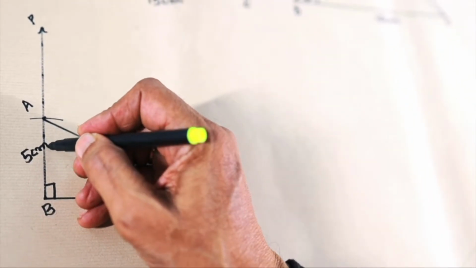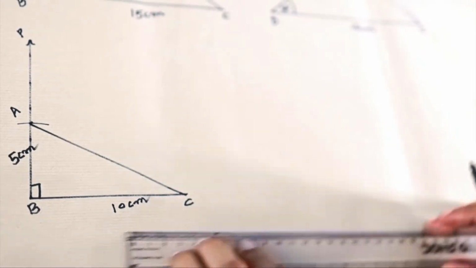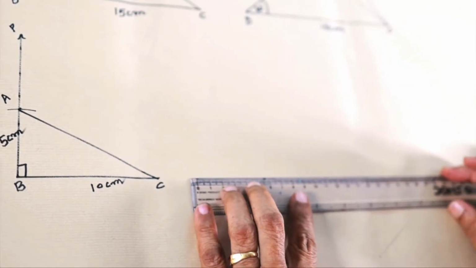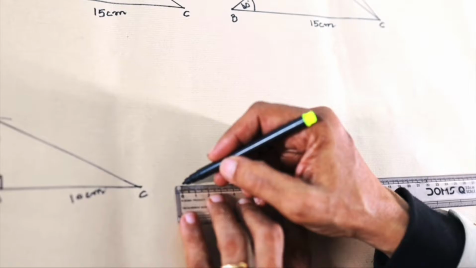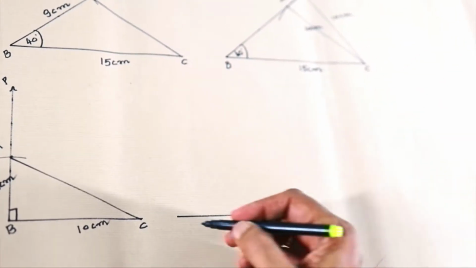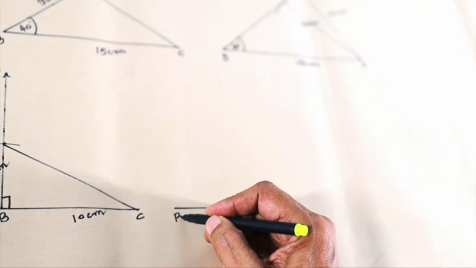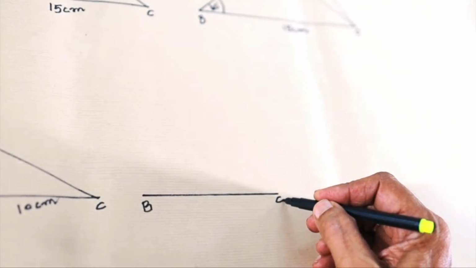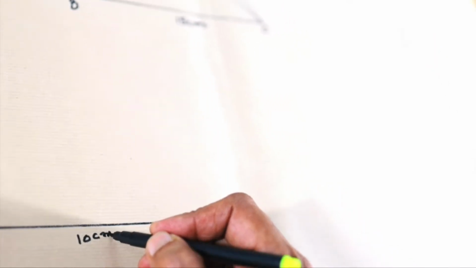5 centimeter. Okay, now once again let us draw one more right angle triangle with the same base BC, say equal to 10 centimeter. Let us call this as BC. So this is 10 centimeter. Okay.